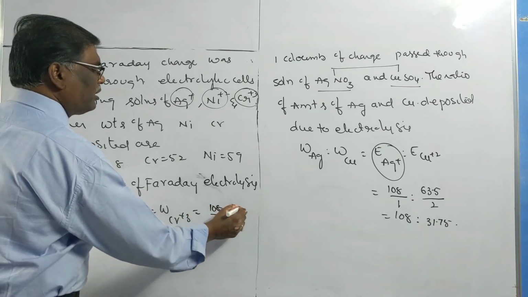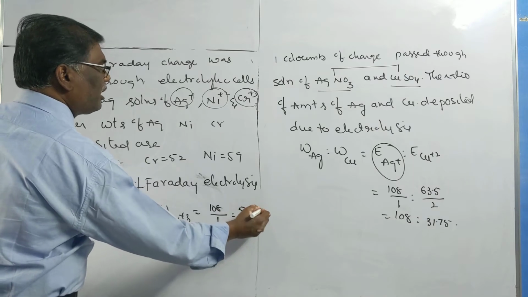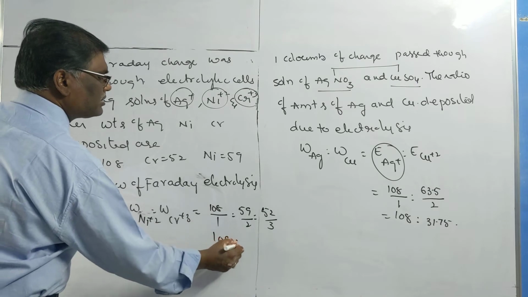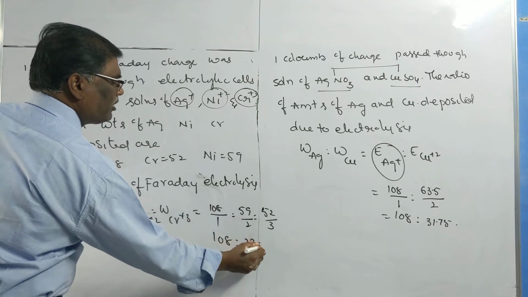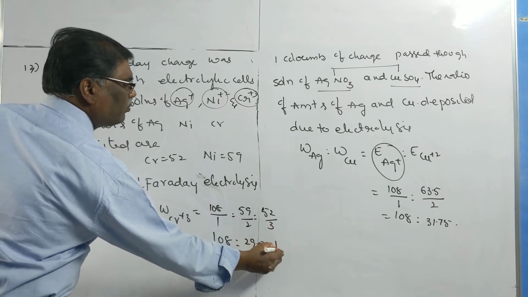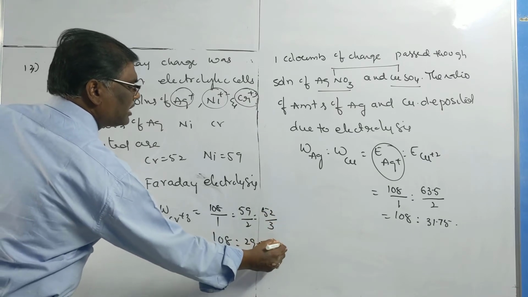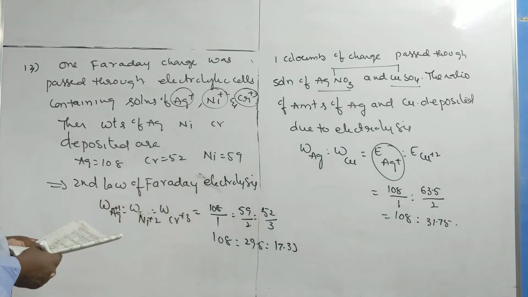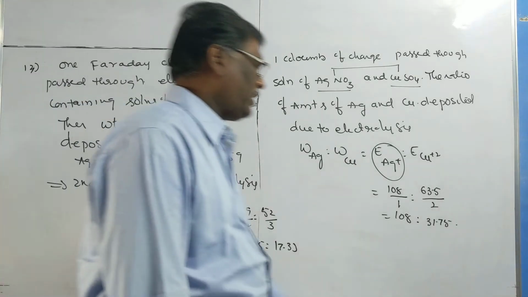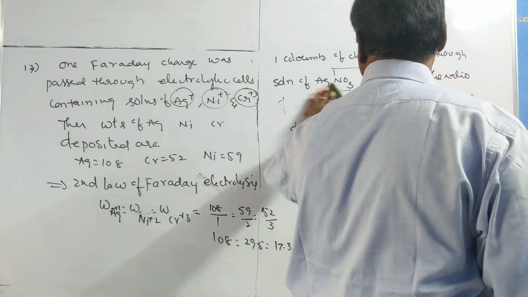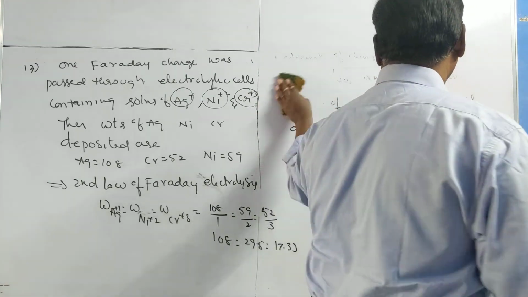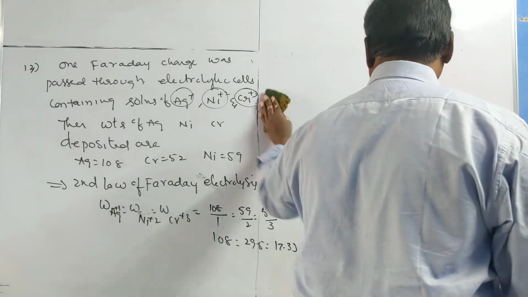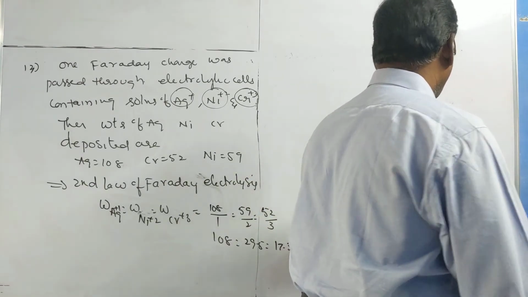For nickel, atomic weight by charge. For chromium, atomic weight by charge. So the ratio is 108 is to 29.5 is to 17.33, like that. Thus we calculate the ratio of weights deposited according to Faraday's second law of electrolysis. It is equal to the ratio of equivalent weights.